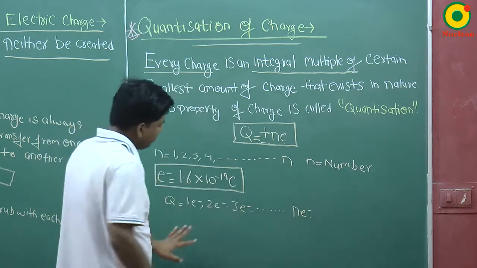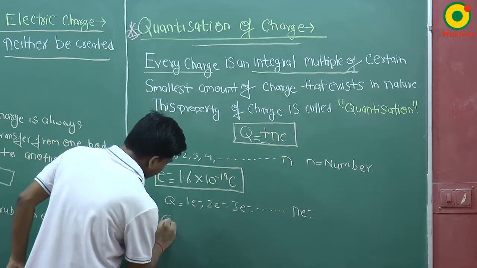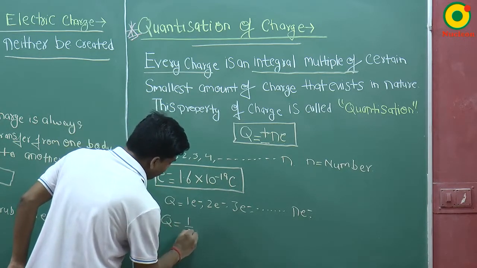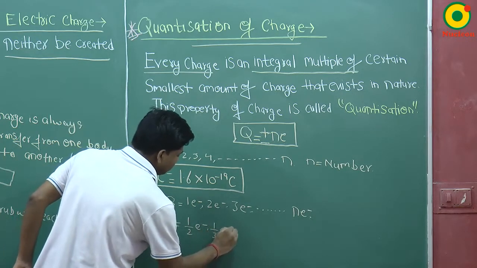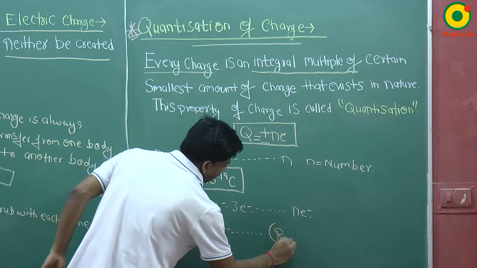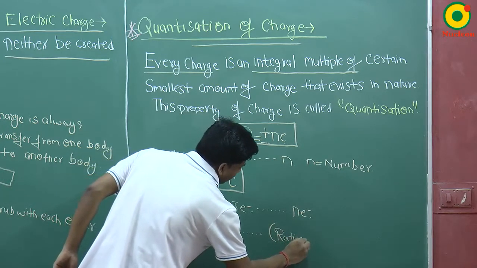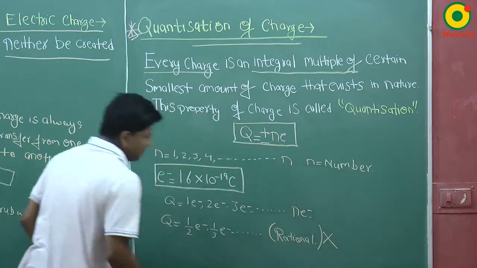It is always transferred as an integral multiple. You can't transfer the charge like 1 by 2E, 1 by 3E, and so on. You can't transfer the charge in the form of a rational number or any other thing. This is wrong.